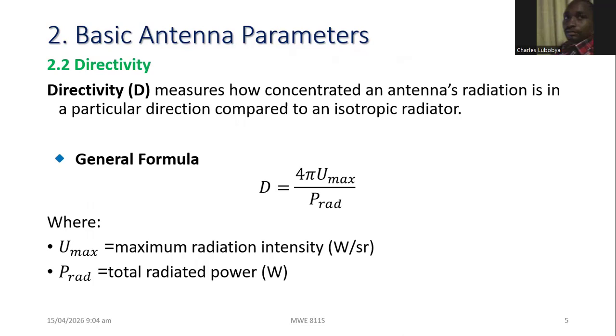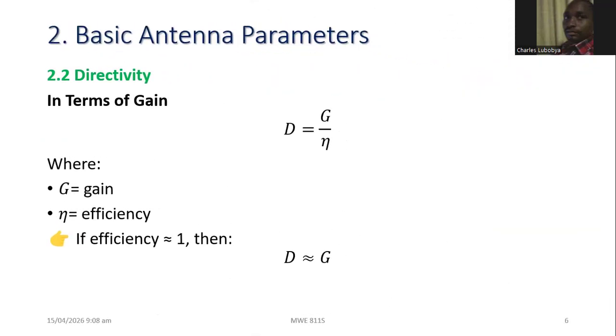But you can also calculate the directivity given the gain, G. So if I know the gain, G, and I know the efficiency, which is denoted by this symbol here, and I divide that into the gain, I still get the directivity. So it means that the more the efficiency tends towards 1, when it is approximately 1, then you have directivity almost equal to the value of the gain.